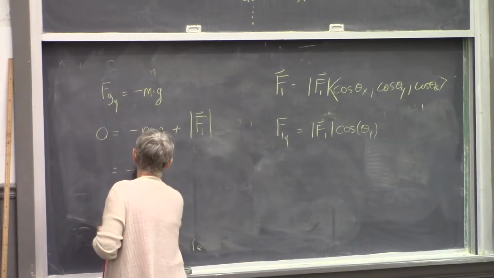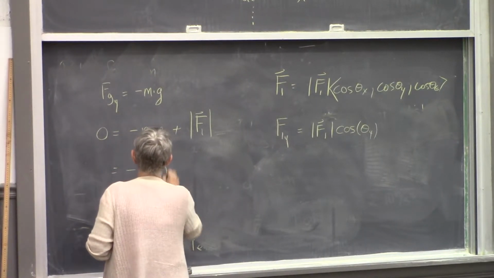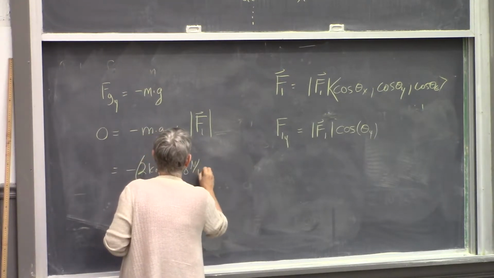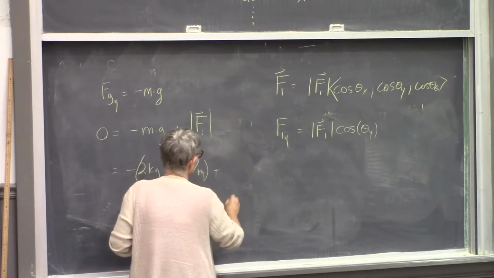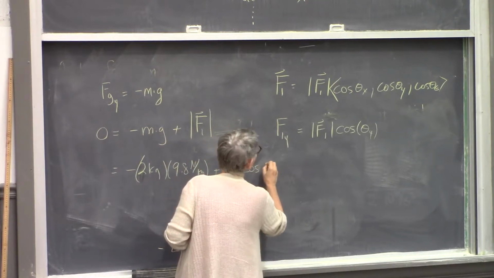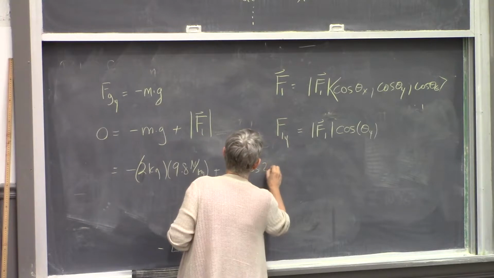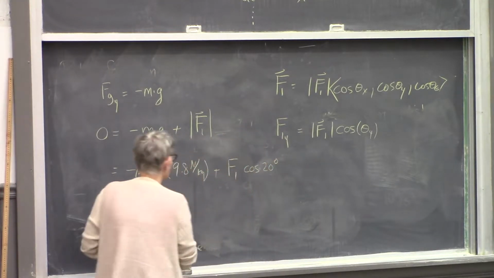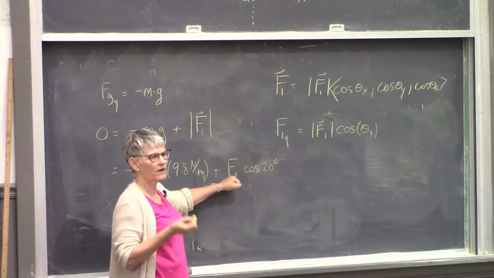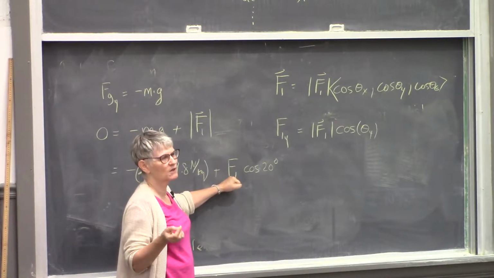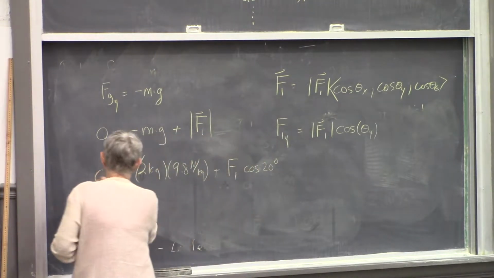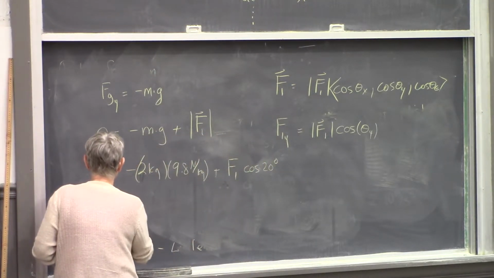So we end up with minus 2 kilograms times 9.8 newtons per kilogram plus F1 times cosine of, what is it, 20 degrees? And here I'm writing F1 without any decorations as meaning the magnitude of F1. And so we can actually solve for the magnitude of F1.